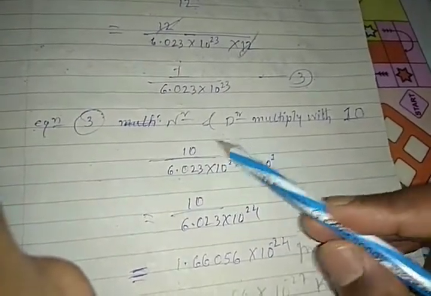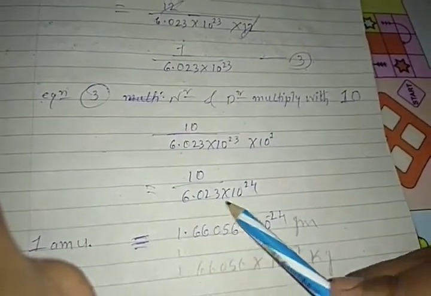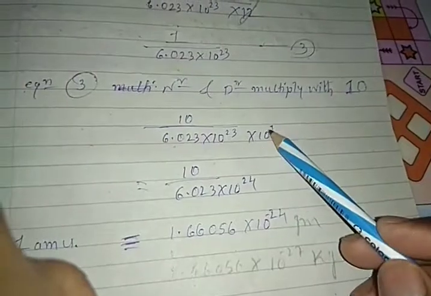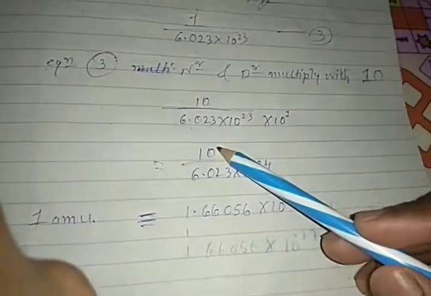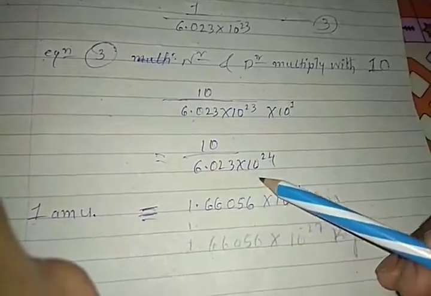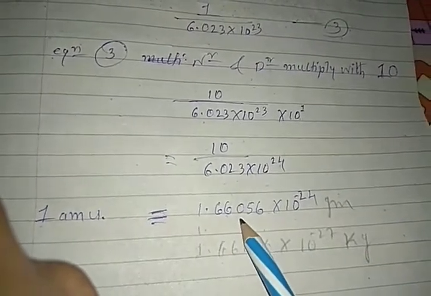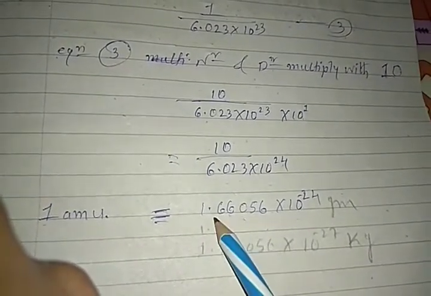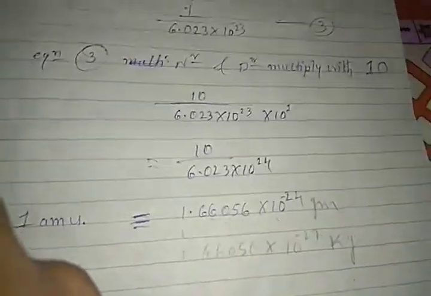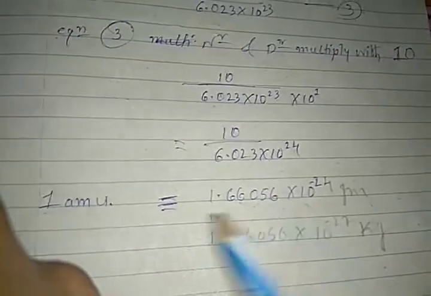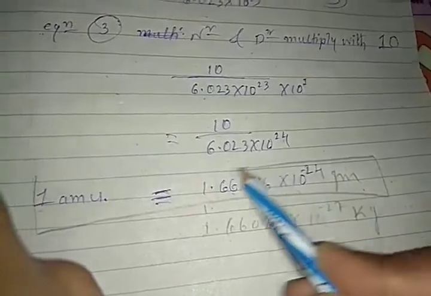We are multiplying with 10, so 10 into 6.023 10 to the power of 23 becomes 10 to the power of 24, as 1 is added to the power. Now you get 1.66056 into 10 to the power of minus 24 gram. So this is the 1 atomic mass unit, students.